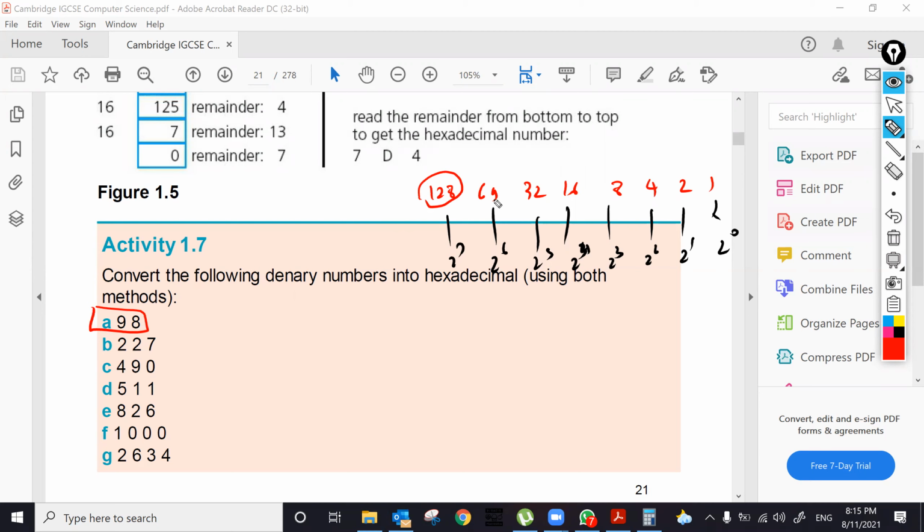64, it's okay. 64 is below 98. Okay, I will get this one.